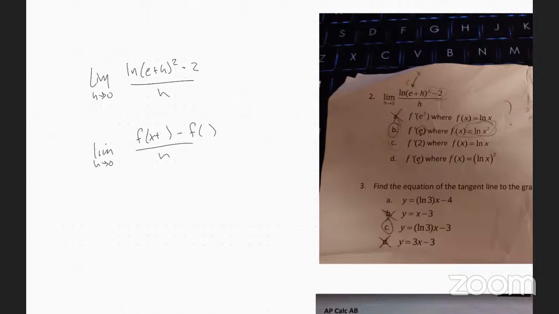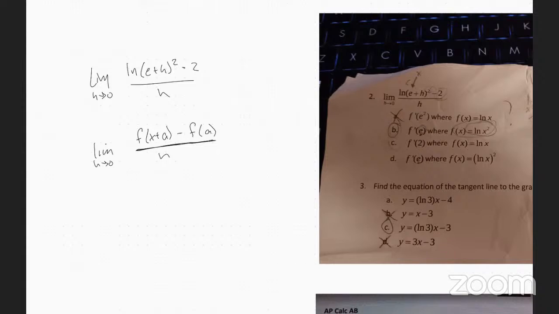Look for your notes on that, the definition of the limit. No, it was f of x. Yeah, I was right.